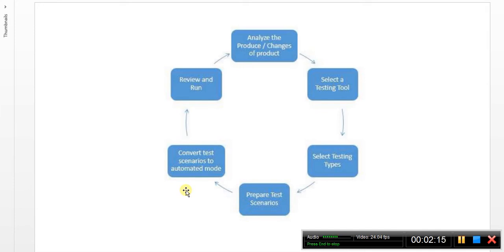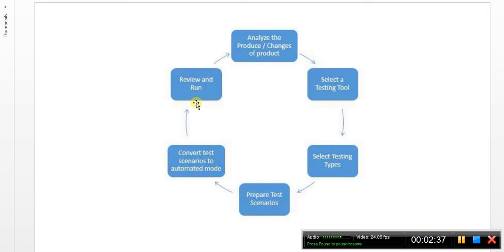You can use Java, C Sharp or whatever language you use to convert the written scenarios into executable test scripts. Once the test scripts have been written, you can review and run them. There should be a logical flow of executing the test scenarios.